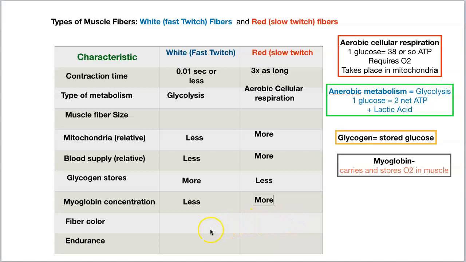When you think of the white meat, if you go to the store and you're looking for white meat, it's pale looking. Their fiber color is pale. It's a whiter color. And it's all dependent on the amount of myoglobin in that muscle tissue.